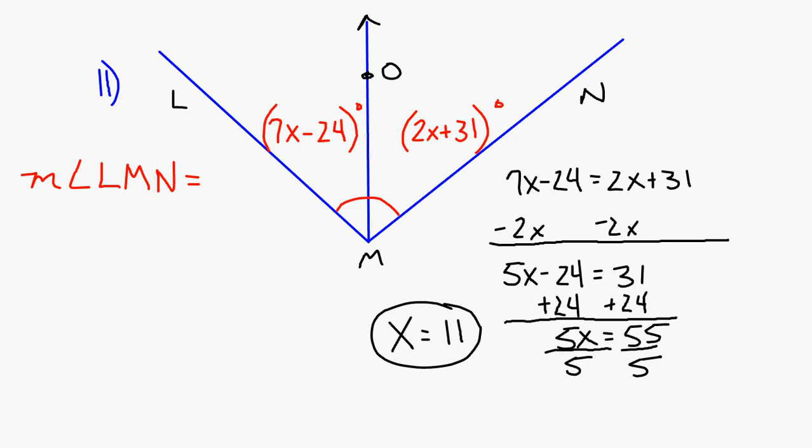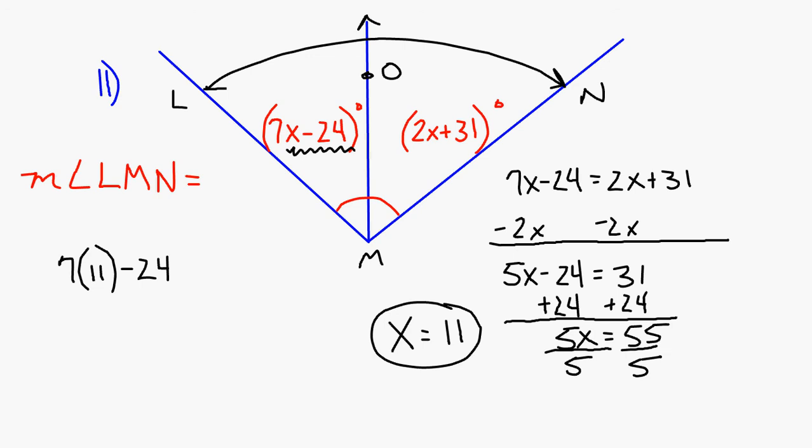So you're going to substitute to find LMN. Where's LMN? Okay. LMN is the whole angle, right? So you can take 7 times 11, subtract 24 from it, and it will give you this angle right here.